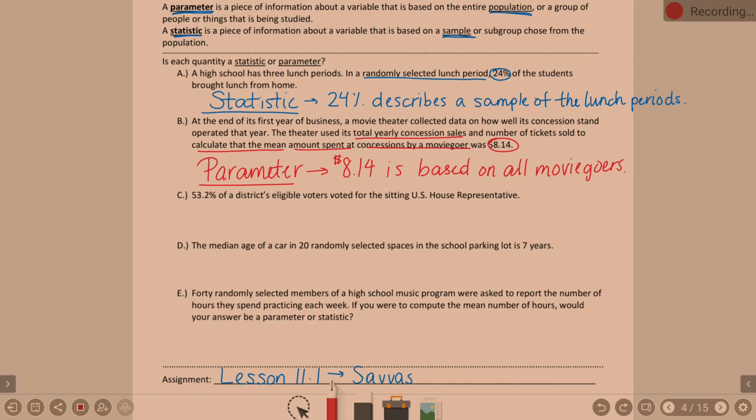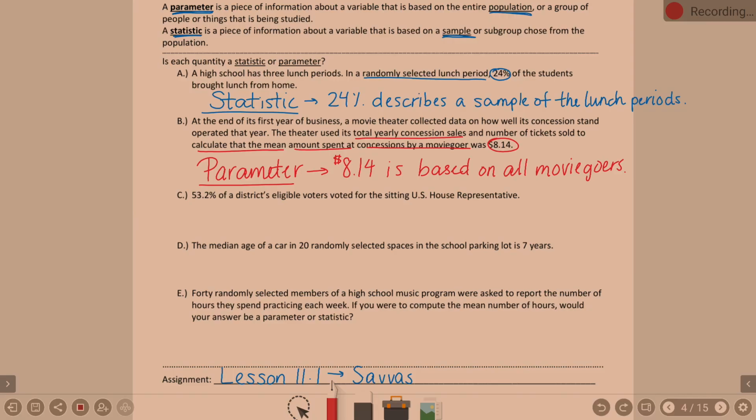53.2% of a district's eligible voters voted for the sitting U.S. House representative. Why? Because it's including all of the eligible voters.